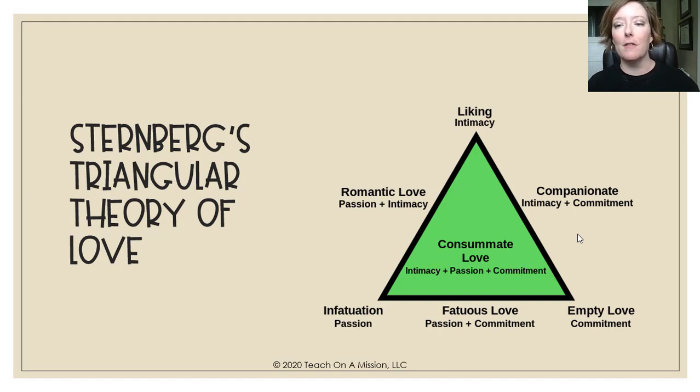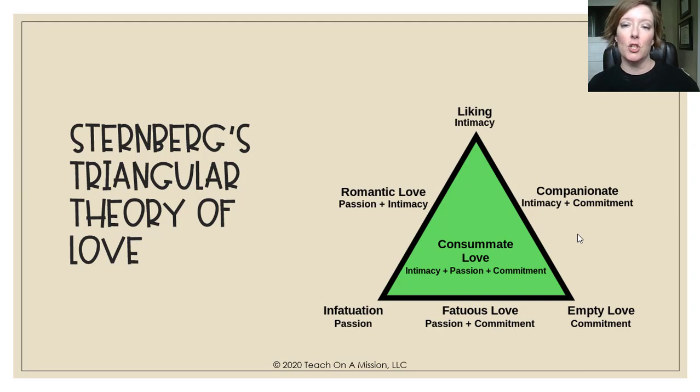So you have these different factors, and at each point of the triangle, you're talking about intimacy or liking someone, infatuation or being passionate with someone. And then there is this sense of an empty love, but there's a commitment. So between liking and empty love, there's this companionate love where there's intimacy and commitment, but not really a lot of passion.